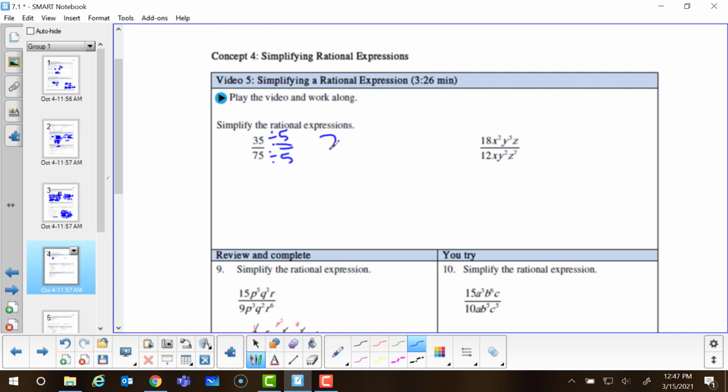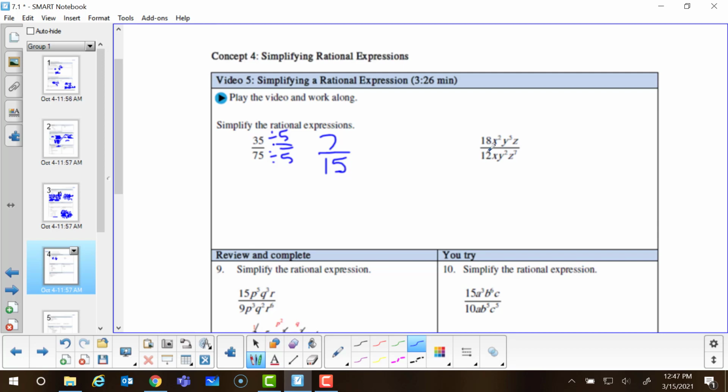So 35 divided by 5 is 7. 75 divided by 5 is going to be 15. So 7 over 15 is reduced all the way. So I think that is as far as we can take it. So you can always check yourself. If we had gotten something that would have gone further, we would have gone further.